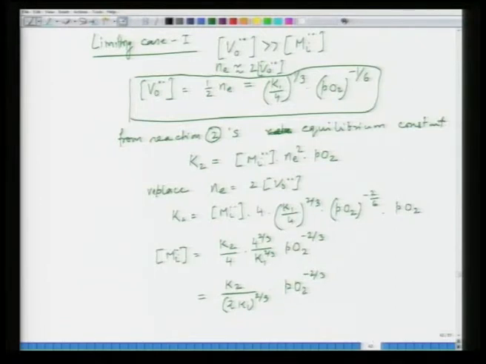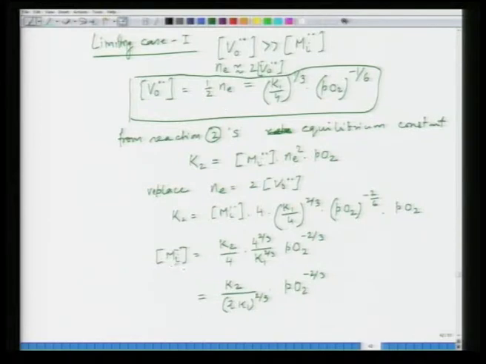Case 1, when oxygen vacancy concentration is much larger than metal interstitial concentration. In such a case we worked out the concentration of VO, and since VO is much larger than MI, the electron concentration is determined by the VO concentration.